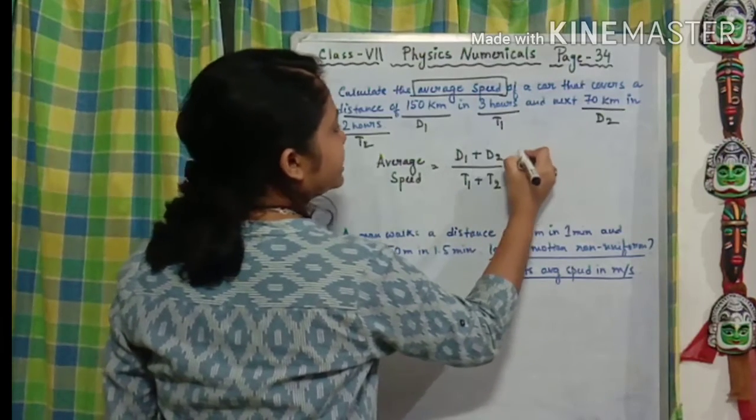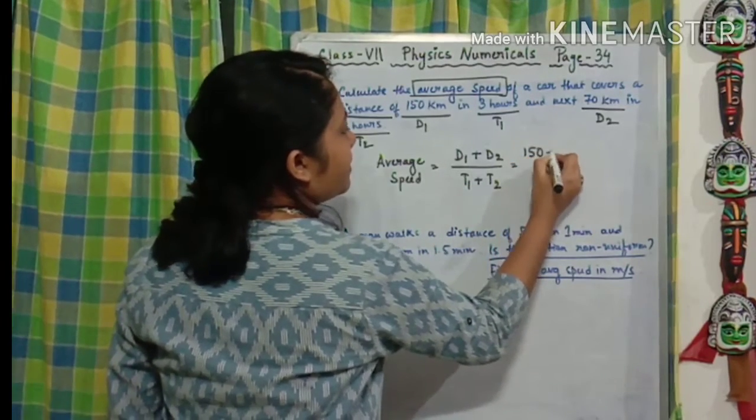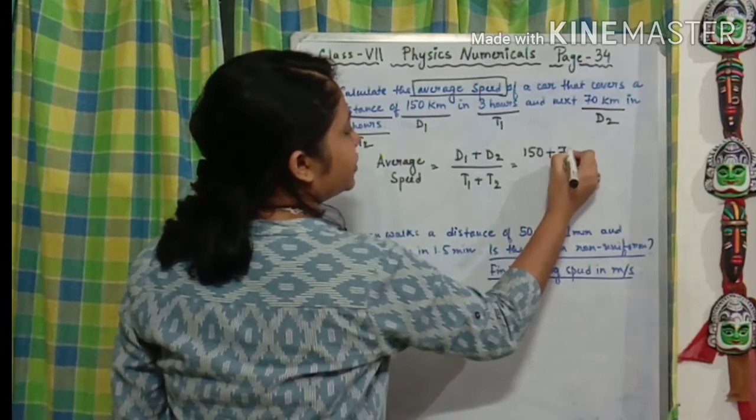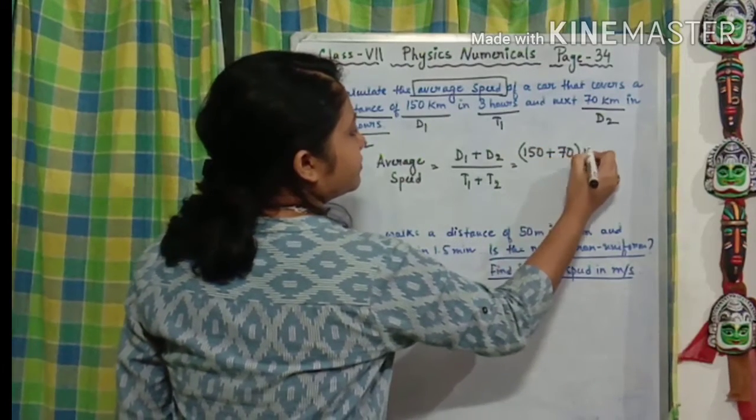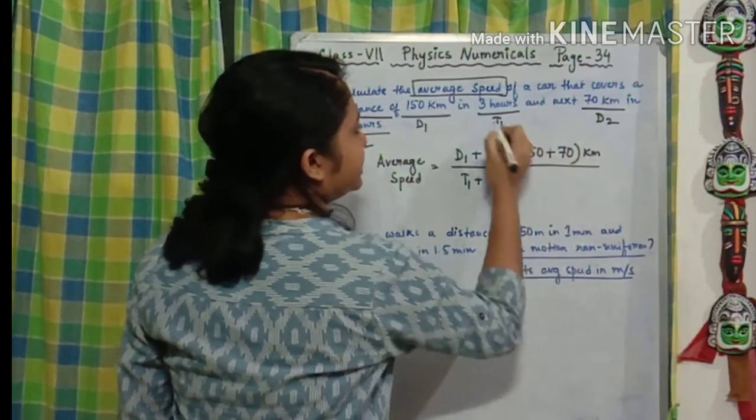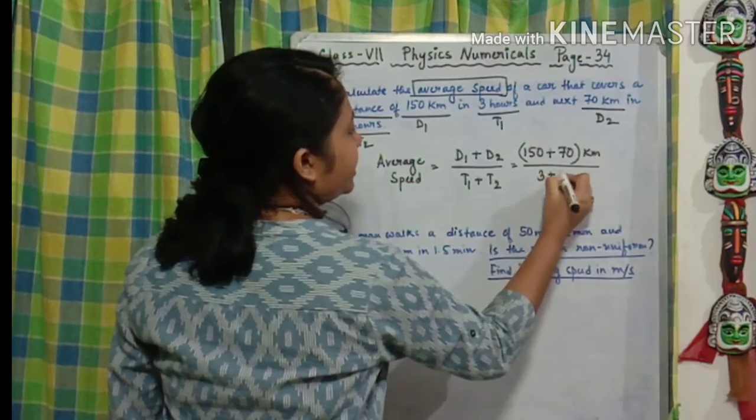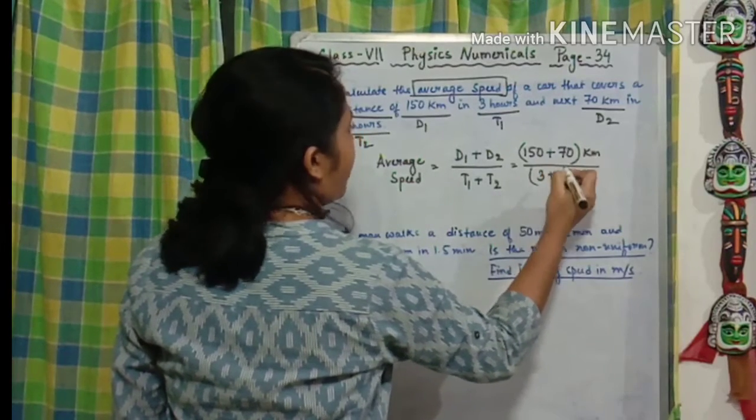So D1 is 150 km plus D2 is 70 km, divided by T1, that is 3, plus T2, which is 2.